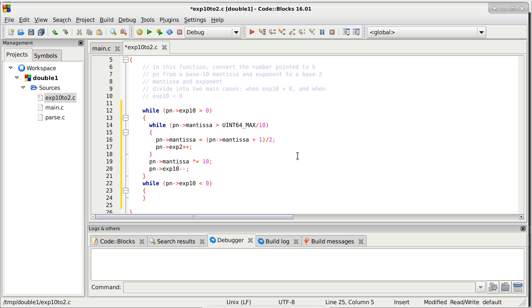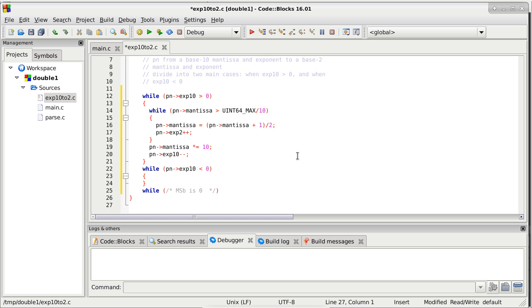No. So what we need to do, because we need to do bit shifting until the most significant bit is a 1. So now we have to, okay, so this is the pseudocode of the loop, okay? While the most significant bit is 0, do the following.